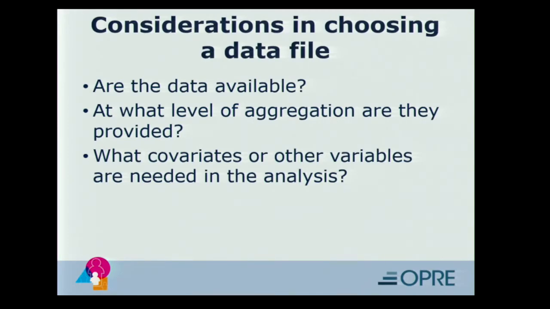The next question is probably where the nuance begins, and that would be, at what level of aggregation are those data provided? Most of the household data is provided at the individual child level. In contrast, a lot of the provider data are captured at the provider level.